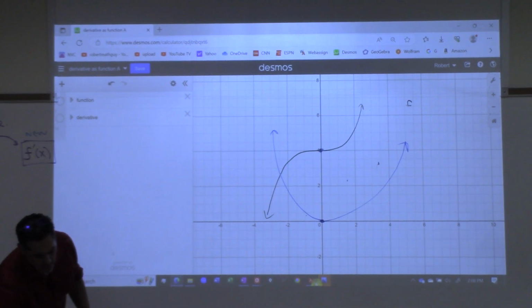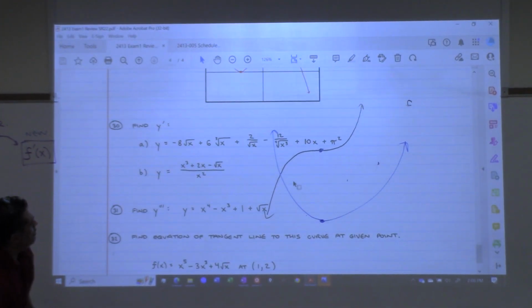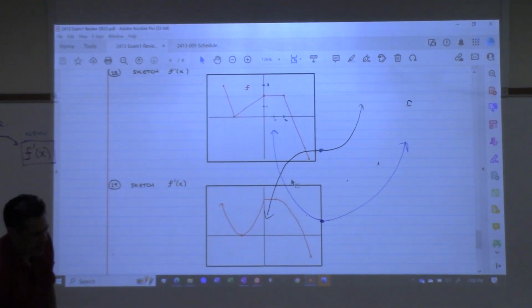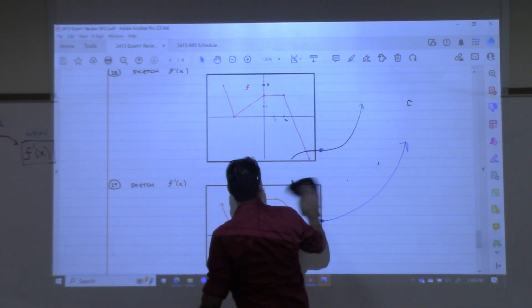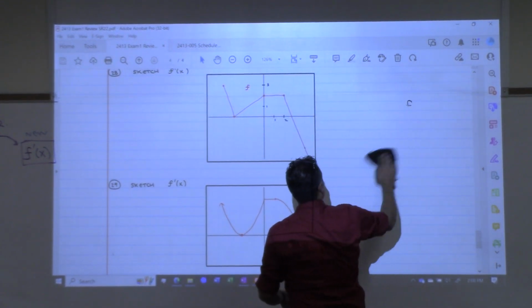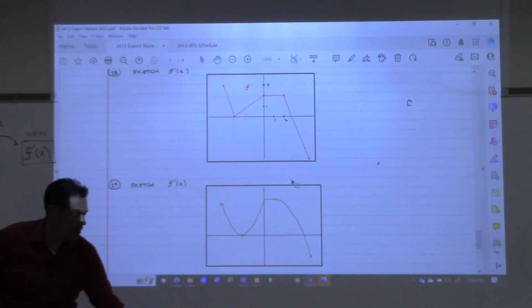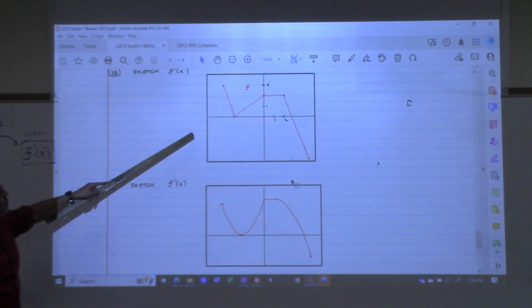So let's take a look at the review. I don't want to spoil the fun for you, but there are two problems that I gave on the review where I'm giving you the function and you're supposed to give me the derivatives. On the first problem that I give on the review, can y'all see from this?